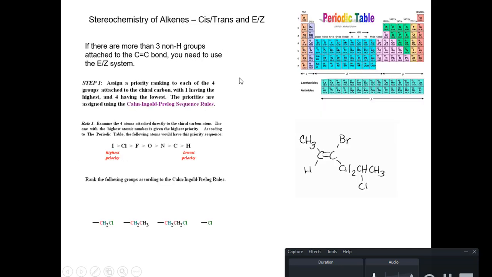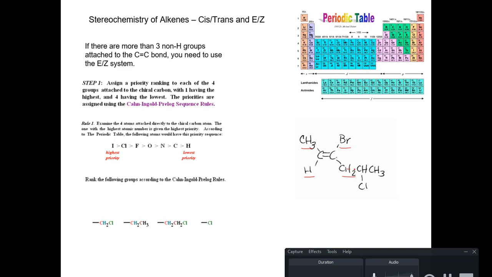Okay, so in terms of our priority, just to go back and review this, we used the Cahn-Ingold-Prelog sequence rules for comparing the two groups attached to each carbon. Our goal is to determine which of the two groups attached to this carbon is the high priority, and which of the two groups over here is the high priority.